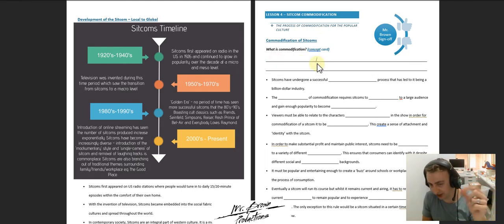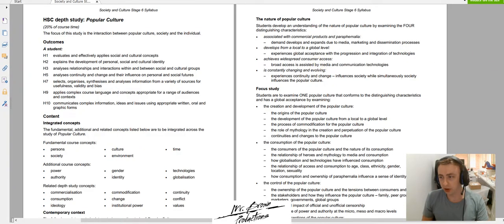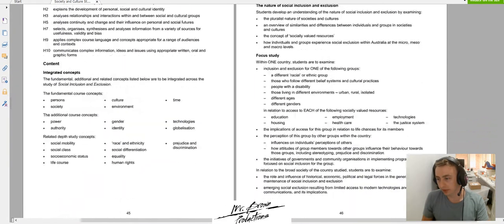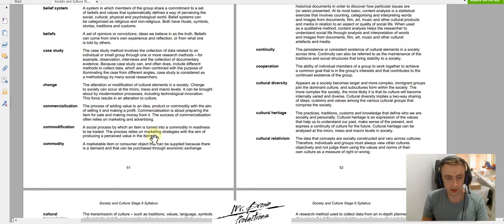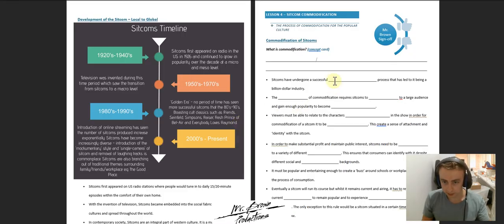Before you do the card thing, write down what you think commodification means and what it is, and then test yourself with that concept card, see if you got it right or not. Remembering that if you're ever unsure, you can check out the syllabus glossary for all your concept needs. So when we look at commodification, I'll pause it, I'll give you time to do that.